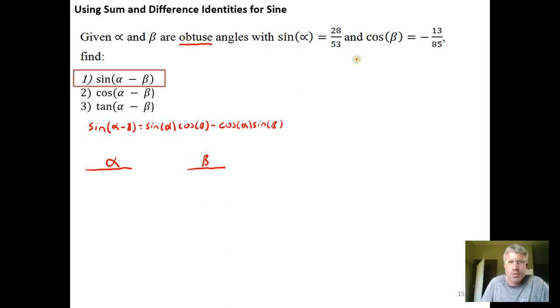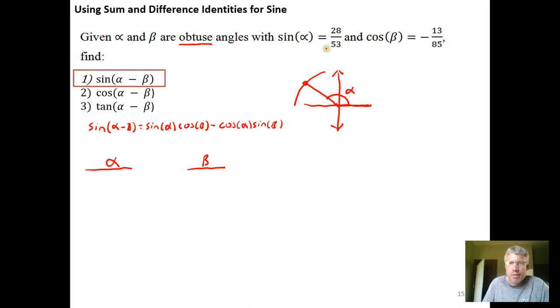So what they've told us is that we have two obtuse angles. So draw a picture of the first one. Alpha is going to be an obtuse angle, so between 90 degrees and 180 degrees, it's going to be sitting somewhere in quadrant 2, and there's going to be a point established on some circle in quadrant 2. That's going to be the terminal side of the angle alpha.